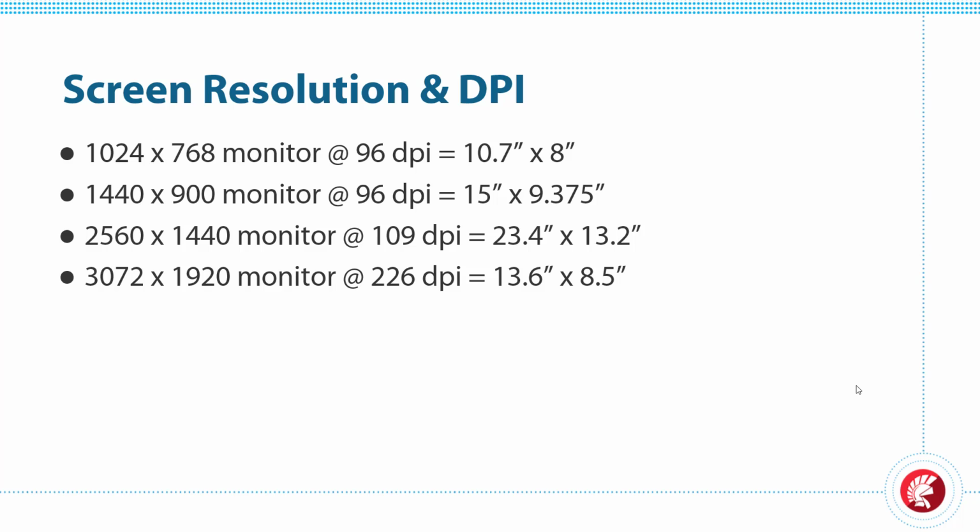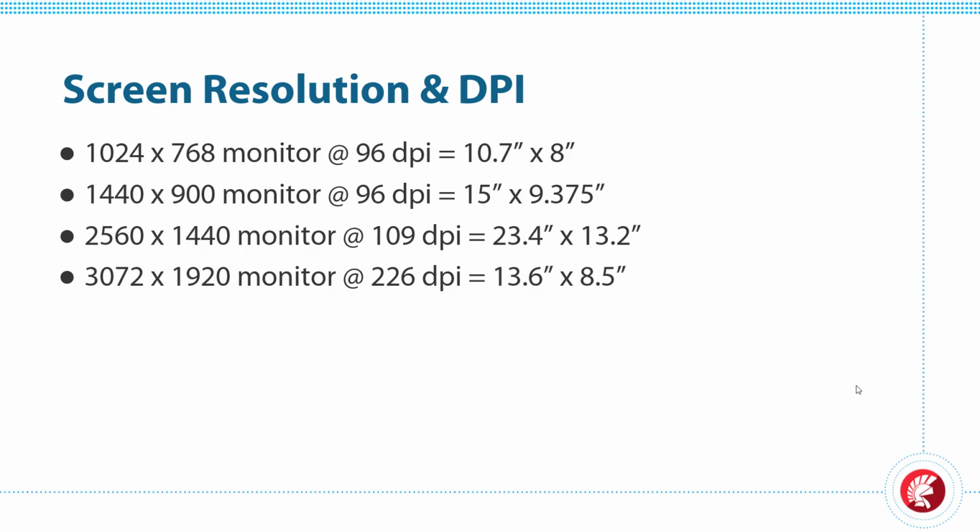You still might see these in kiosks, at train stations, airports, and so forth, unless they're running an iPad solution, but traditional Windows, they're still around. They're running at 96 DPI, so that means we have a physical display of 10.7 inches by 8 inches. Likewise, going to a 1440 by 900 monitor, same DPI, gives us that 15-inch wide by 9.3. So we start to see where this comes in.